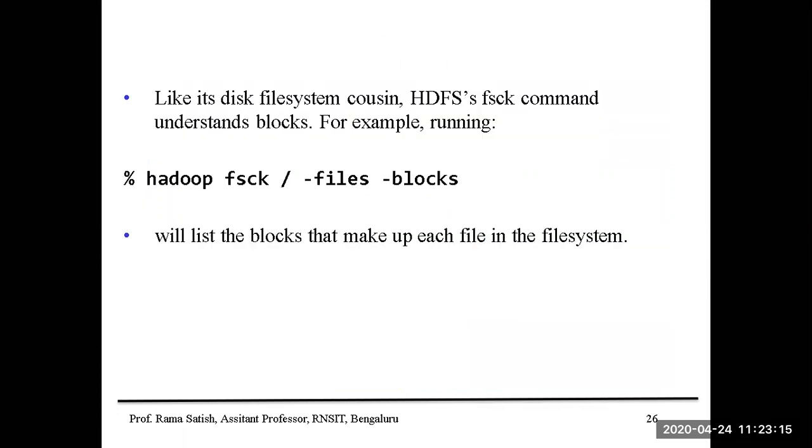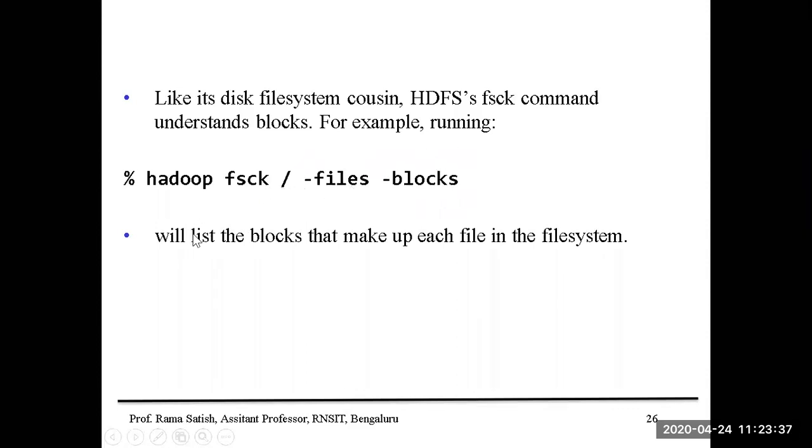And if you want to check how many files there are and how many blocks there are for each file, you can certainly issue this command, hadoop fsck. FSCK means file system check. From the root, it will list all the files and all the blocks.